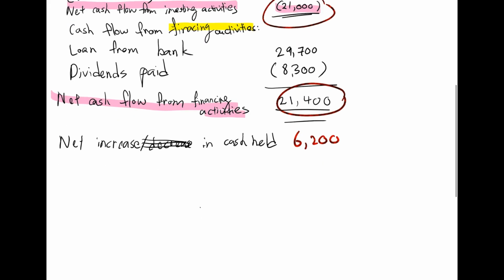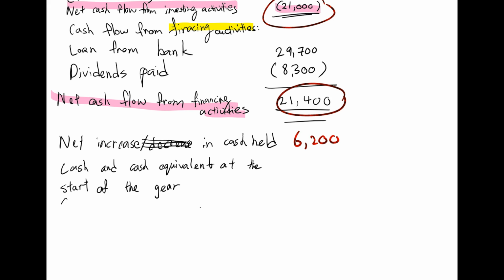Okay, now once you are done, the next thing that you need to do is to find out the cash and cash equivalent at the start of the year, and you need to find the cash and cash equivalent at the end of the year.